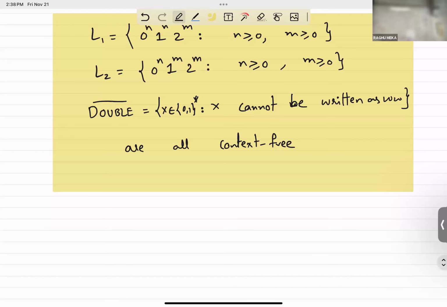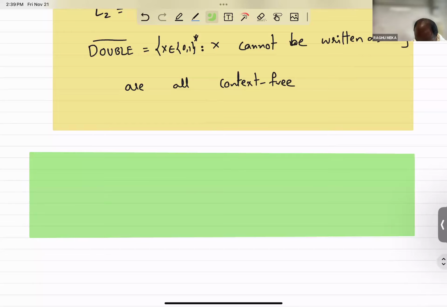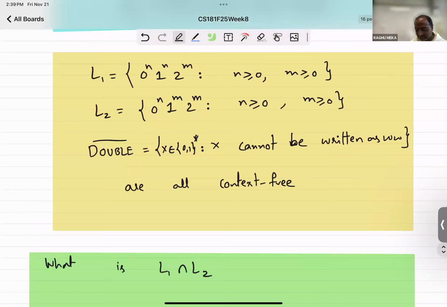Now let me ask you a question. What is L1 intersection L2? I have two languages. What strings sit in both of them?